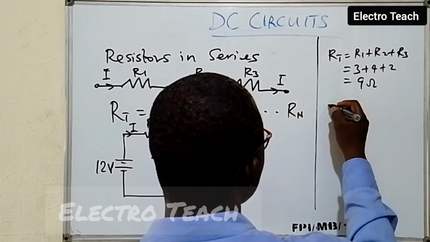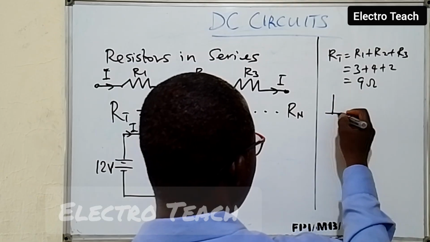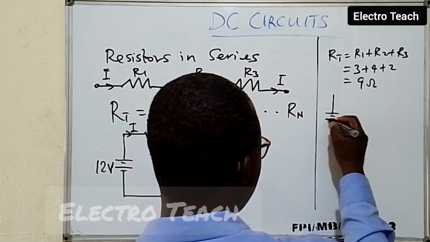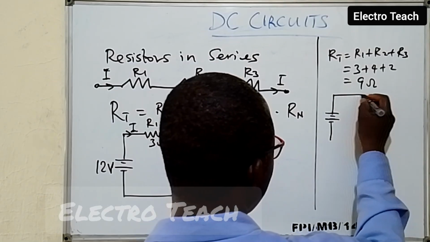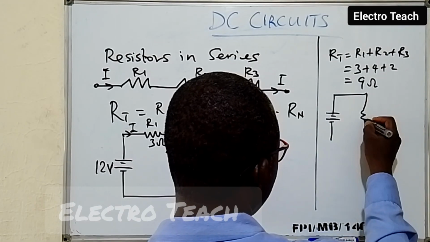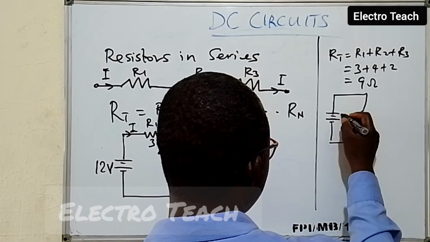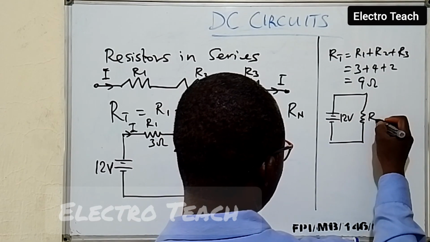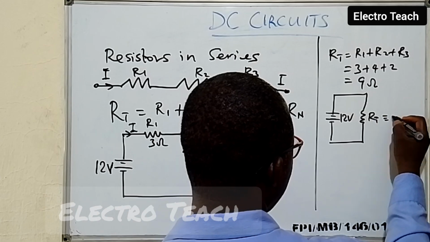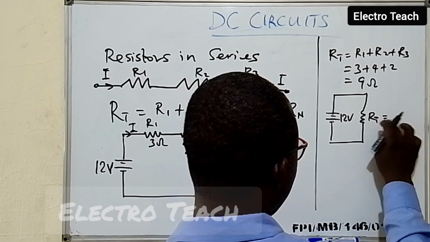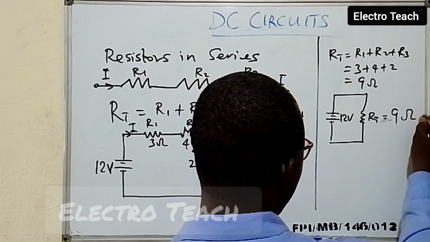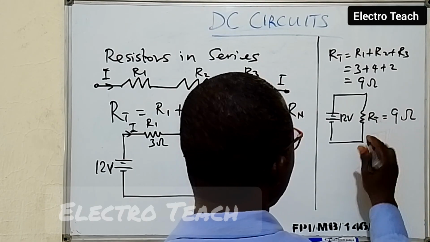is, so we can redraw the circuit in this way to determine the total current. This is 12 volts, and this is R total, that is 9 ohms.